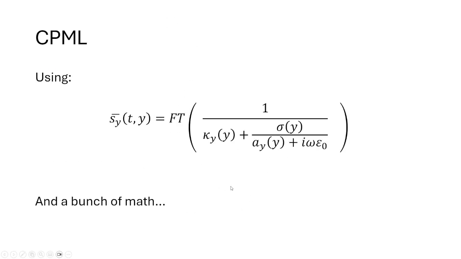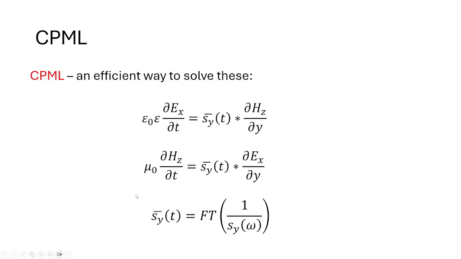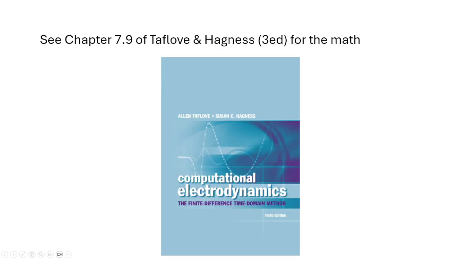So if you take this Fourier transform and you plug it into Maxwell's equations and you actually do some convolutions and you do a bunch of math, and again, you can find all that math in chapter 7.9 of this book here. I've recommended this book before. If you're doing FDTD, you should have this book. Anyway, so see chapter 7.9 if you want to understand the math that goes into this.